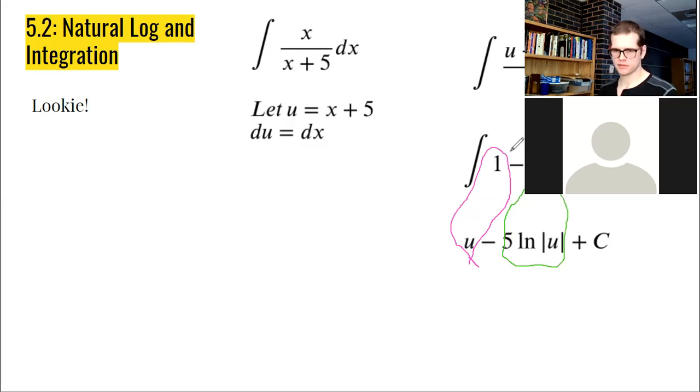There it goes. So the antiderivative of 5 over u with respect to u is 5 natural log of the absolute value of u. And then since it was subtraction, we'll keep the subtraction. We always do a plus C when we do indefinite integration because you don't know. There could have been a constant. There may be, there might not be. But the important thing is that there could have been, so we have to account for it.